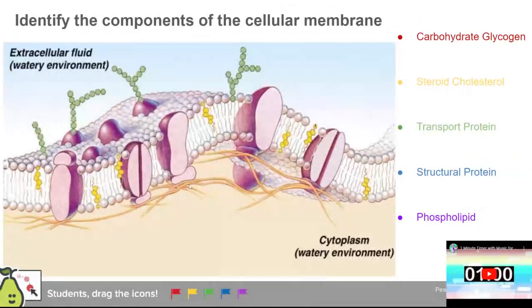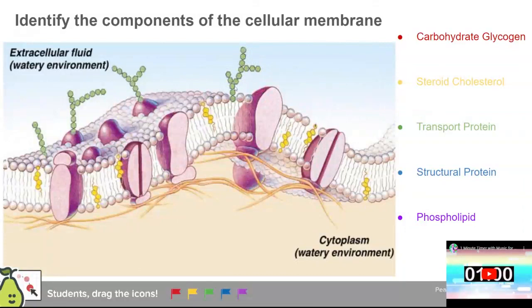So looking at this page, looking at this image, we can see lots of things that we've talked about here. We see carbohydrates. So this is a glycogen carbohydrate. Remember, we said that glycogen is a branched chain carbohydrate normally found in animal cells. So this represents glycogen.